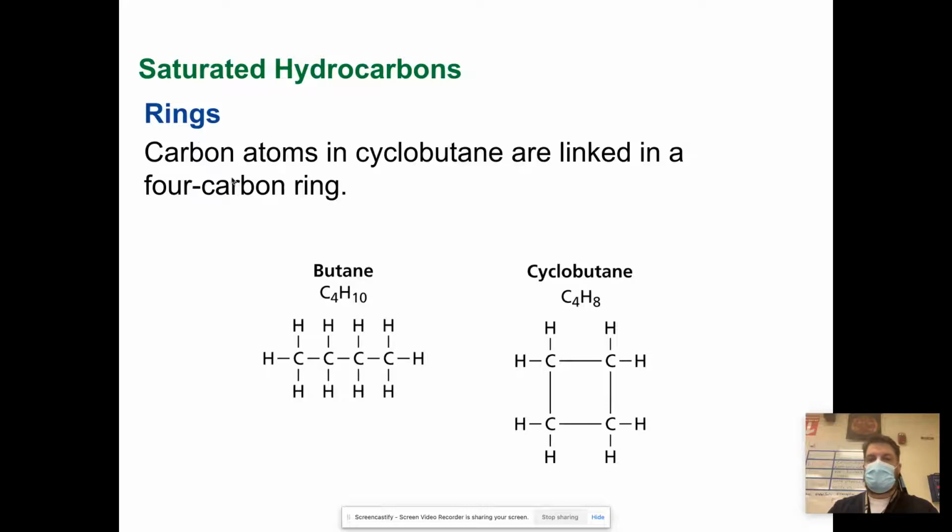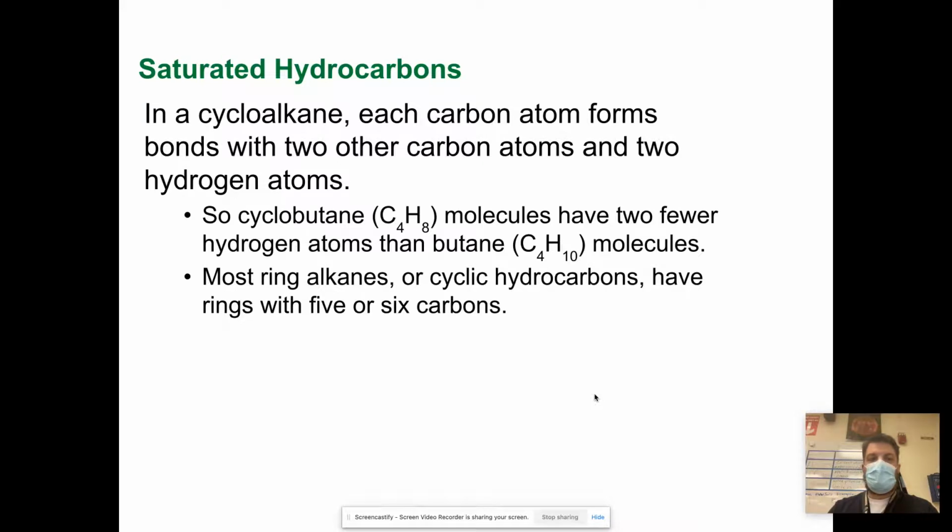Rings are something that you could see sometimes. So carbon atoms in cyclobutane are linked in a 4-carbon ring. So it's the same formula sort of, except this has fewer hydrogens obviously, but this is a ring. In a cycloalkane, the carbon atoms form bonds with 2 other carbon atoms and 2 hydrogen atoms.